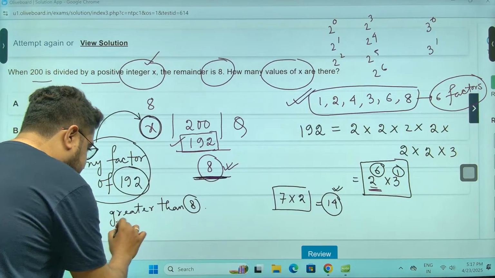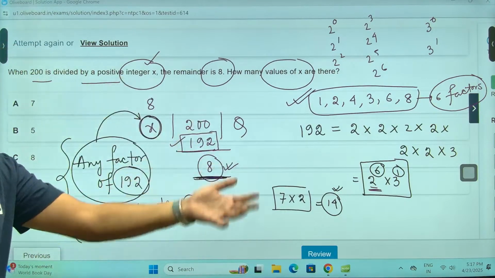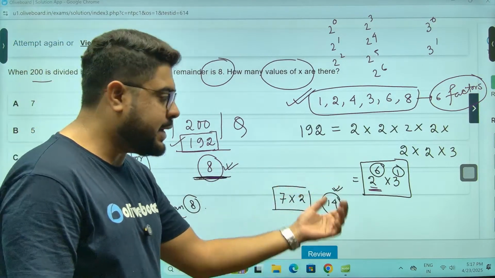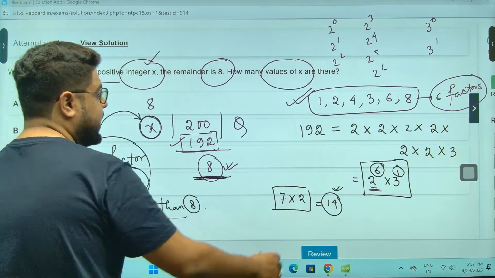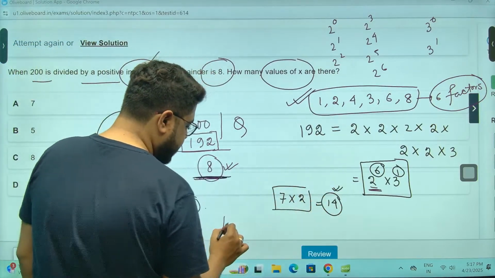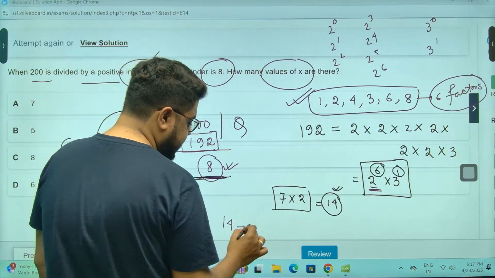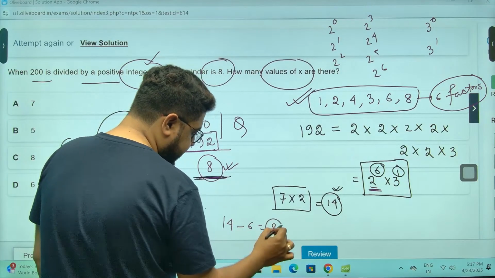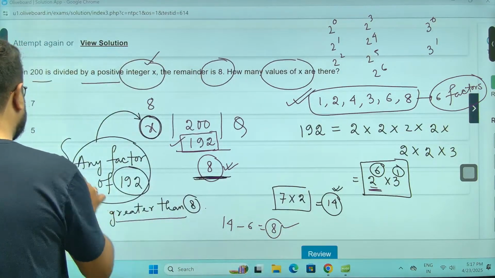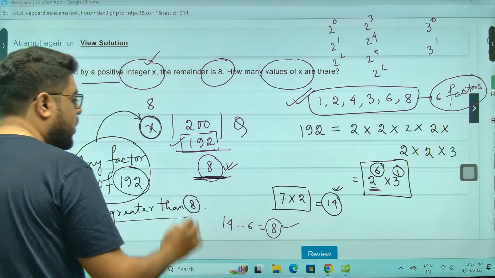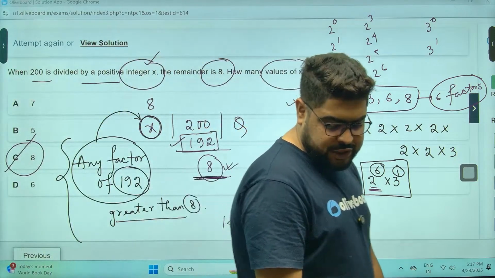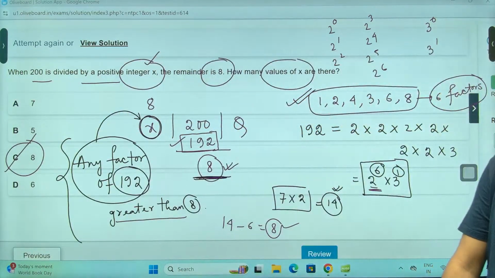You see, I have not written it is greater than 8, it must be greater than 8, not greater than or equal to. So what will be my answer? 14 total factors minus 6 factors, the answer will be 8, sir. Option number C. Right.